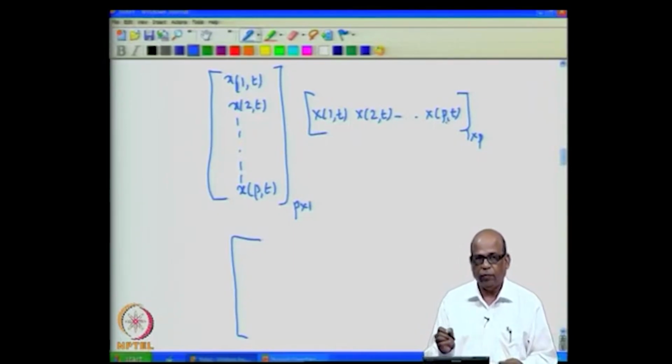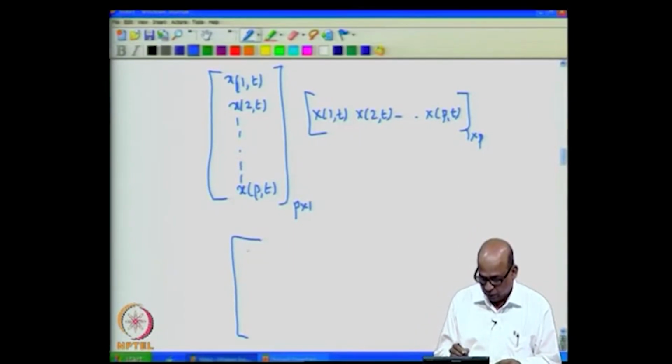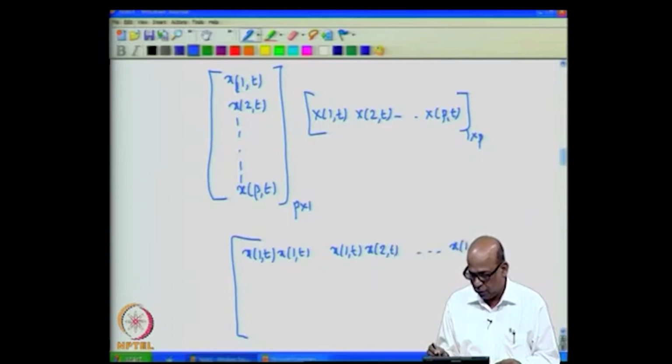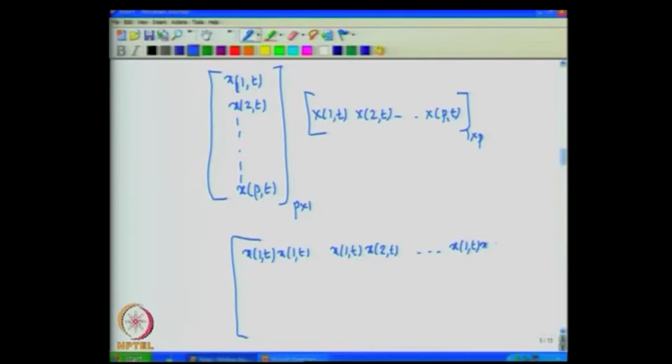That will define your first row. This is how we get the first row.